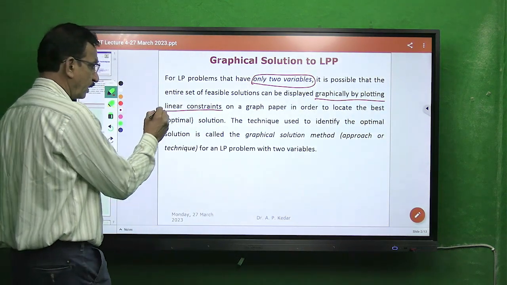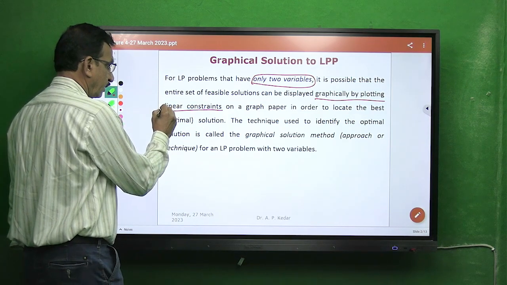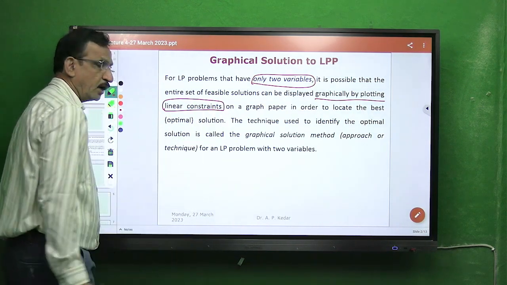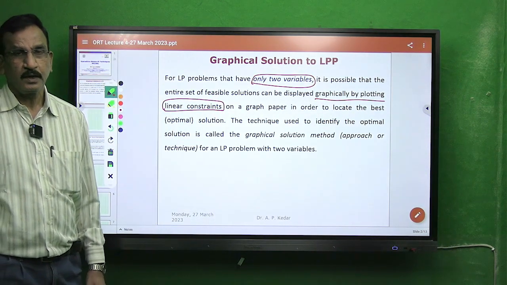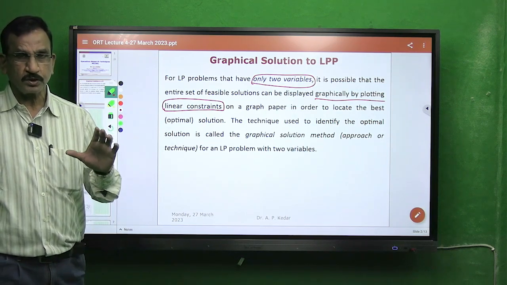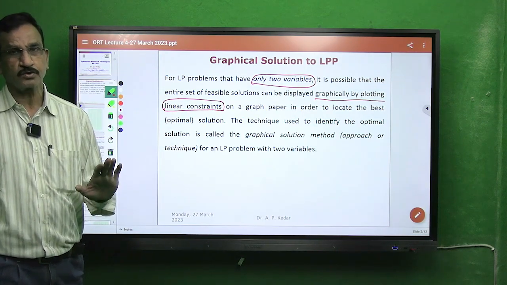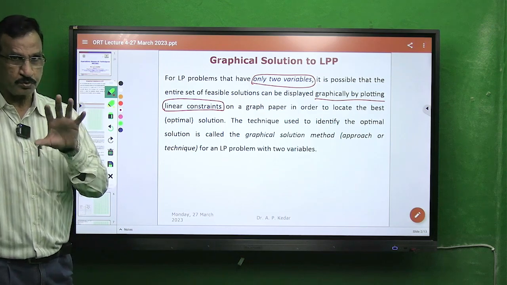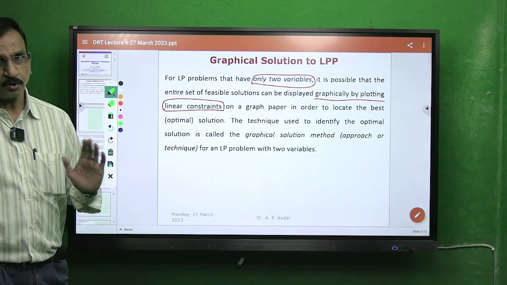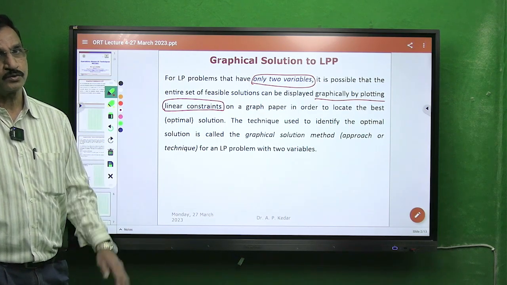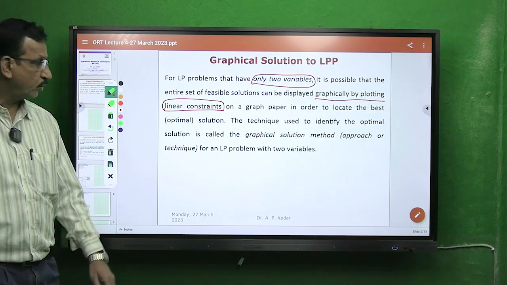So we will be drawing linear constraints, that is, we are having equation of line and we will be converting those equations of the line into coordinates of the line. We will plot those points on the graph paper, we will plot the line, and we will find solution for the given problem. That is the methodology.